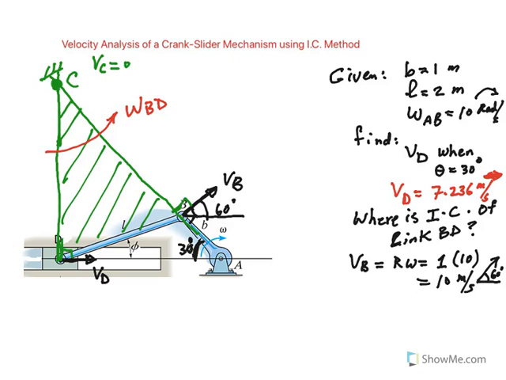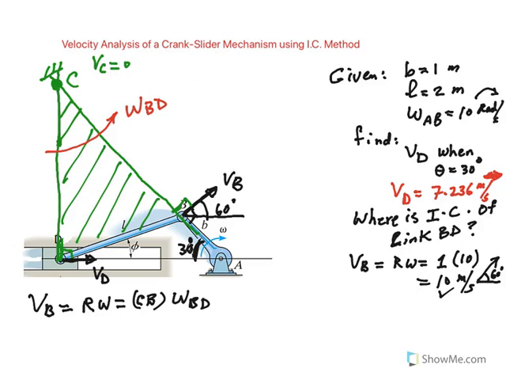Velocity of B is R omega, where R is the distance from C, the center of rotation, to point B, times the omega of the body, which is omega BD. I already know the velocity of B is 10 meters per second. I need to find CB. Let me show you how.